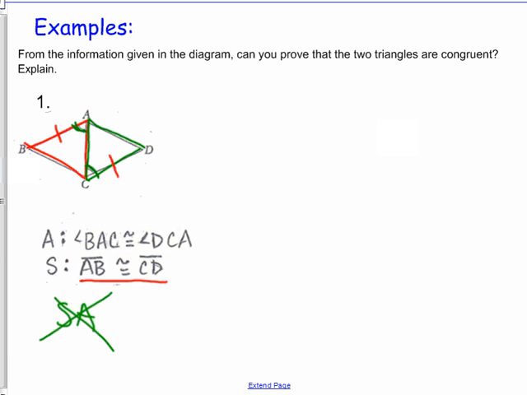So what else do we see in this picture? Well, I noticed that AC is right here in both triangles. So I'm saying that AC is congruent to AC. Remember, that's the reflexive property. So this segment here, segment AC, is congruent to itself.